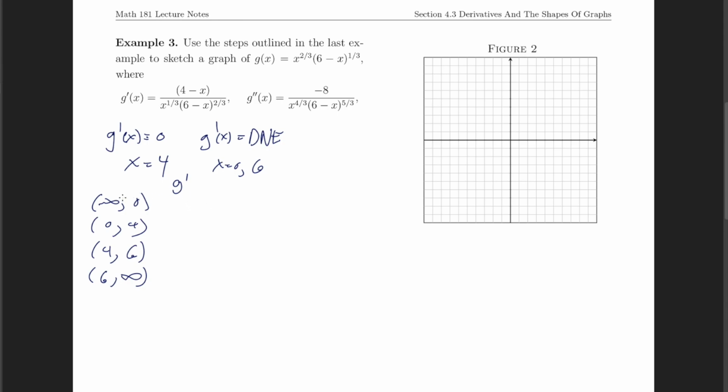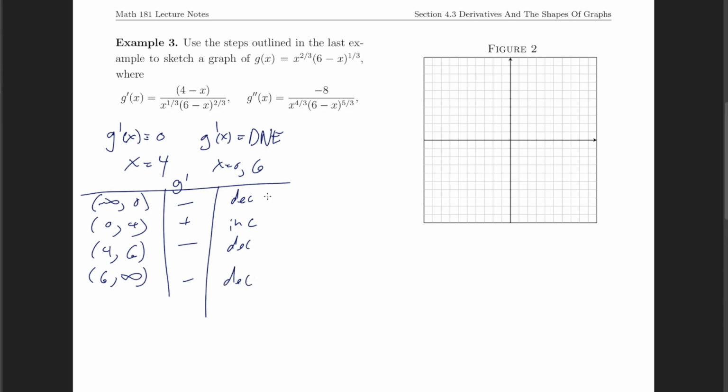You just pick some sample number in each interval and plug it in. And so we will get positive, negative, positive, negative, or rather, positive, negative, negative, negative. And so here we have it as decreasing, increasing, decreasing, decreasing.